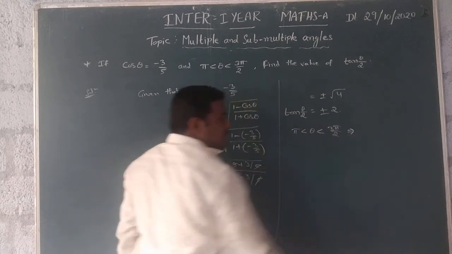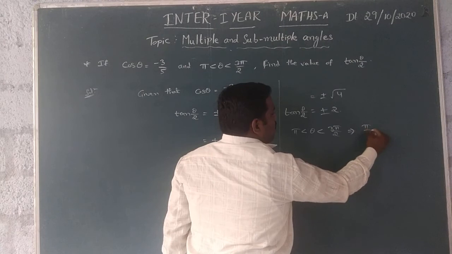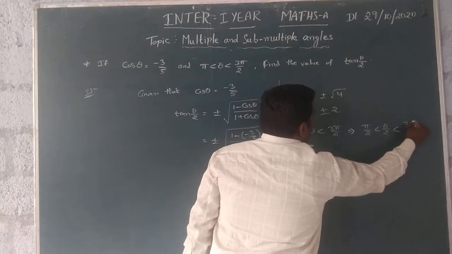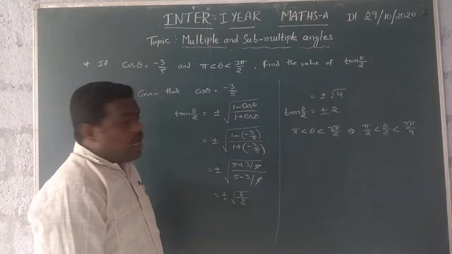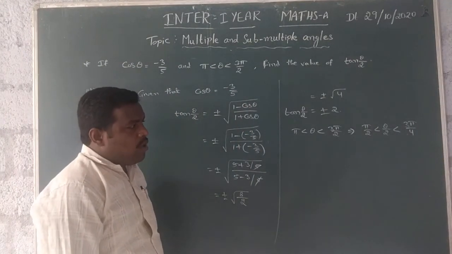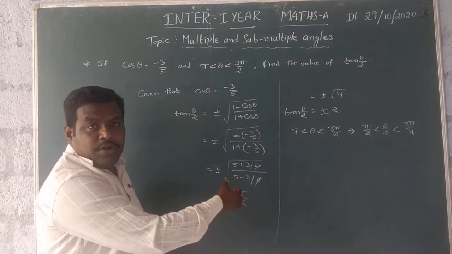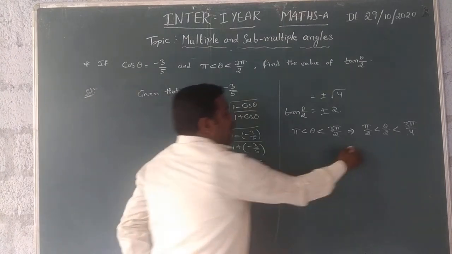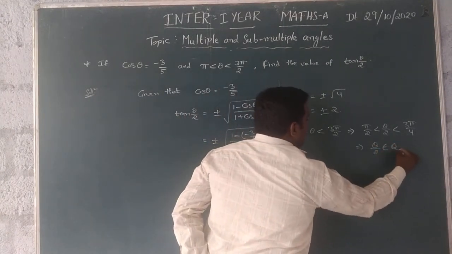Dividing the total angle by 2, pi by 2 less than theta by 2 less than 3 pi by 4. So theta by 2 is in between 90 and 135, then theta by 2 belongs to the second quadrant.